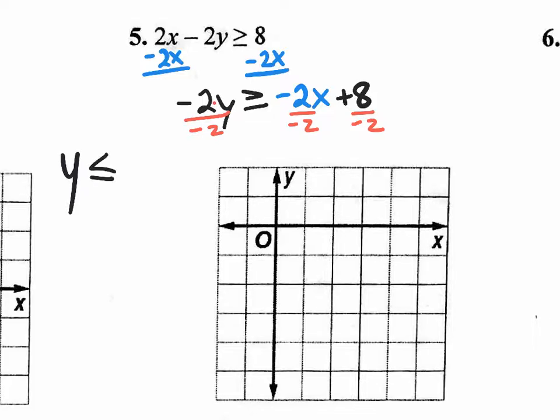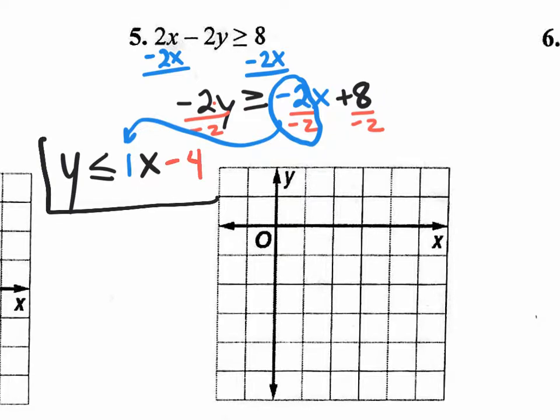And then you have -2 divided by -2. That is positive 1. And of course, there's an x right there. Again, I got the -2 and divided it by -2, and that's how I got the positive 1 right there. And then at the very end, I have positive 8 divided by -2. That is -4. And now we have our slope-intercept form inequality.